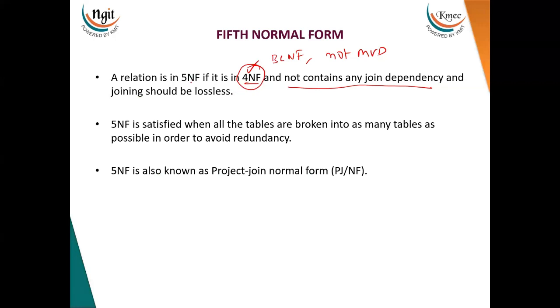Now, a relation is in 5NF if it satisfies 4NF, and there is another condition, that is it does not contain any joint dependency. What is joint dependency? Joint dependency arises when the attributes in one relation are dependent on the attributes of some other relation, right? It is because there may be certain rows which will be existing in the table if there is the same row in another table as well.